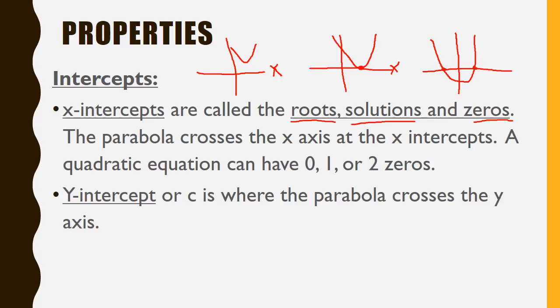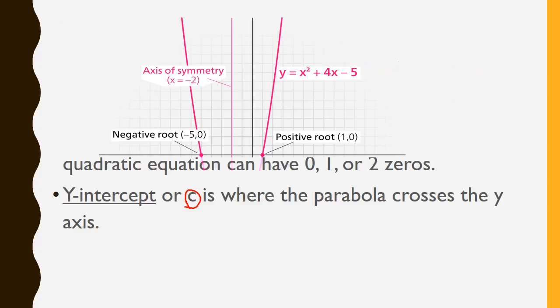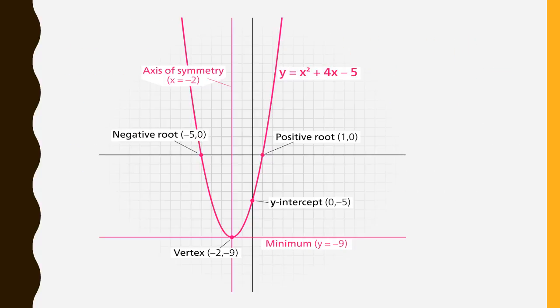And we also have the y-intercept, which is the c value in the quadratic equation, where the parabola crosses the y-axis. Now let's take a look at this graph. This parabola belongs to the quadratic equation x squared plus 4x minus 5.